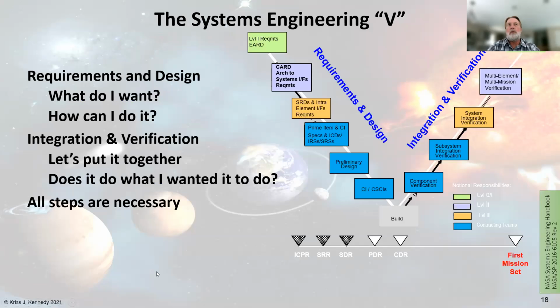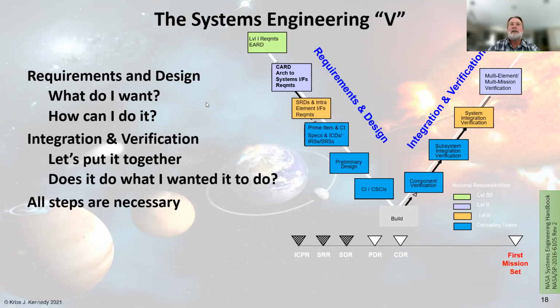So requirements within this, and here's an example of level 1 requirements, which was the exploration requirements document, and that transformed into the constellation architecture requirements document, and then down to the system requirements and the prime item specs, the preliminary design, and the end item specs, and then your verification back up through.